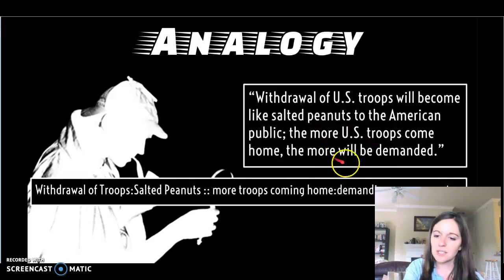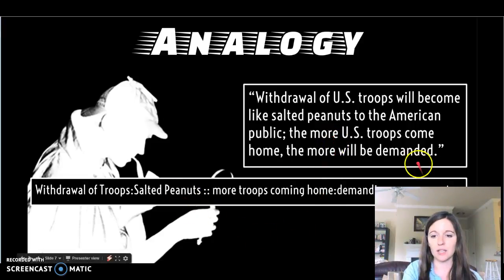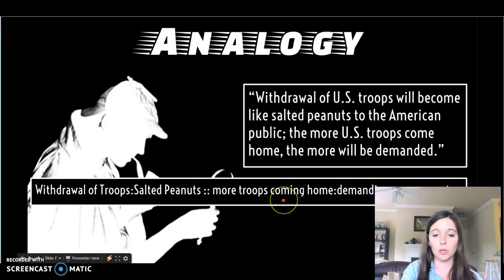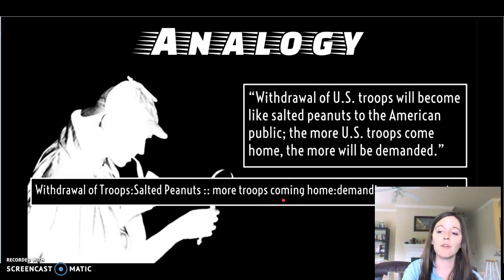So the speaker takes this very easy to understand concept and compares it to a very difficult to understand concept, which is the withdrawal of U.S. troops and the greater desire to withdraw more troops. By comparing this simple concept to a more difficult concept, the author is creating a logical argument where if we agree with this simple reasoning, we can therefore agree with the more complex reasoning, and therefore it is comparative and persuasive.